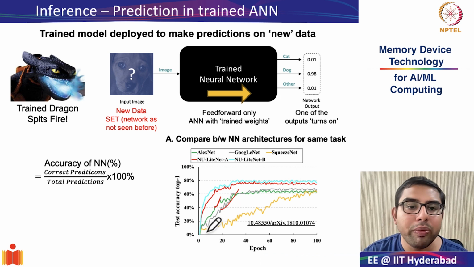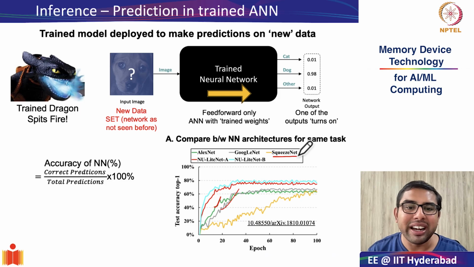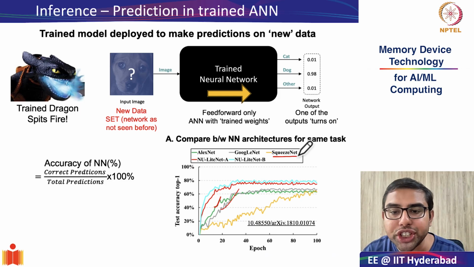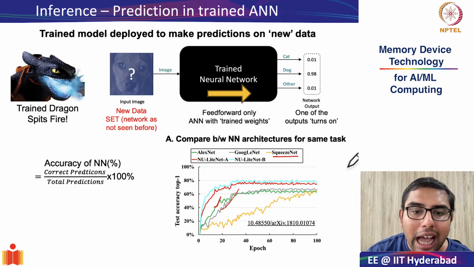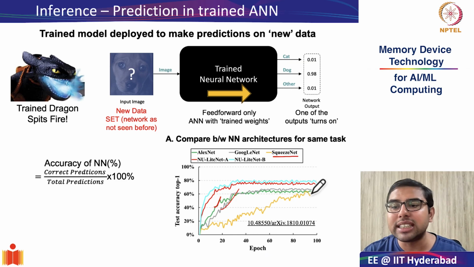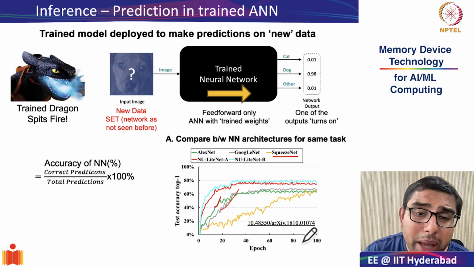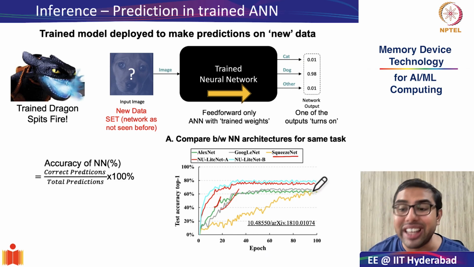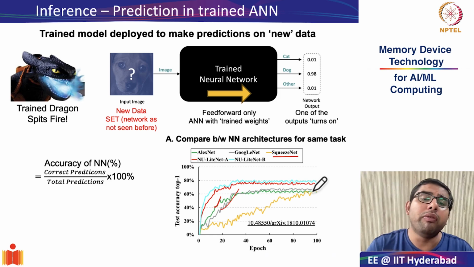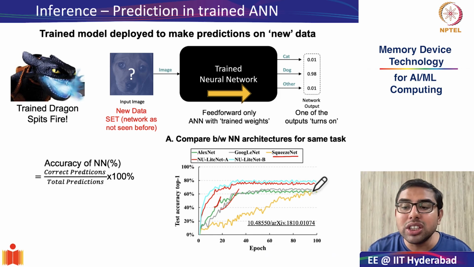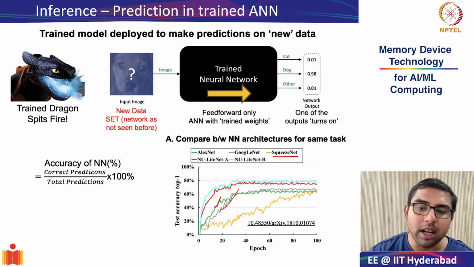And finally, we see the example of SqueezeNet, which is not a very good network for this particular application. It lags behind and plateaus at around 60%, but takes many more epochs to even reach that 60%, which tells us that its inference accuracy will be weaker.